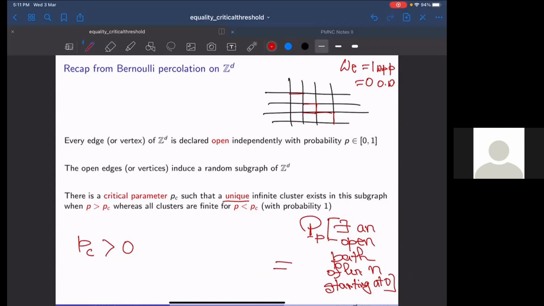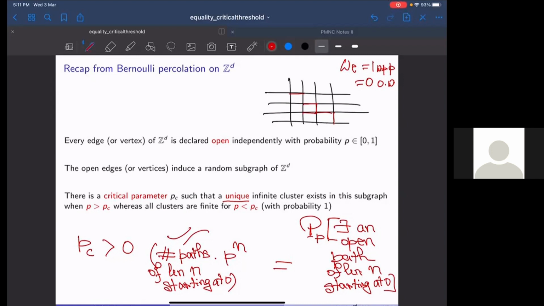Well, there are two parts to that. First, what is the probability of a given path of length n being open? That's simple. That's just p to the n, because they are all independent. You will see this independence assumption is crucial in so many aspects here, at least for Bernoulli percolation. And then we just multiply by the number of paths of length n starting at the origin.